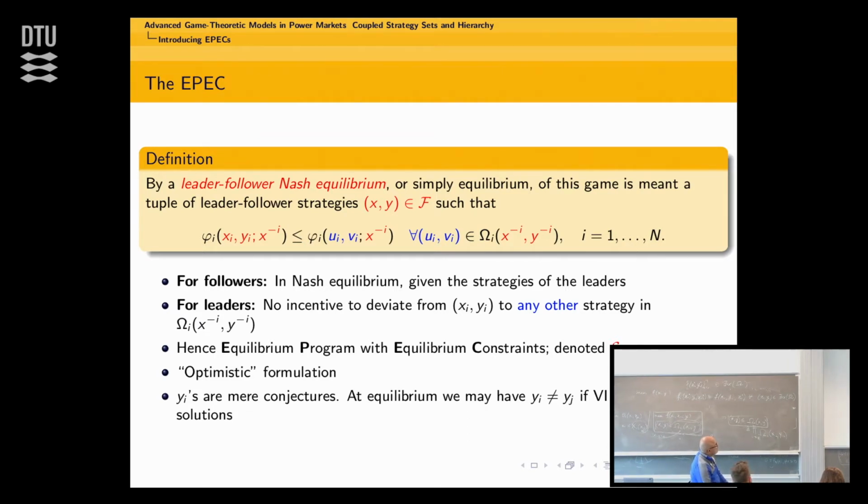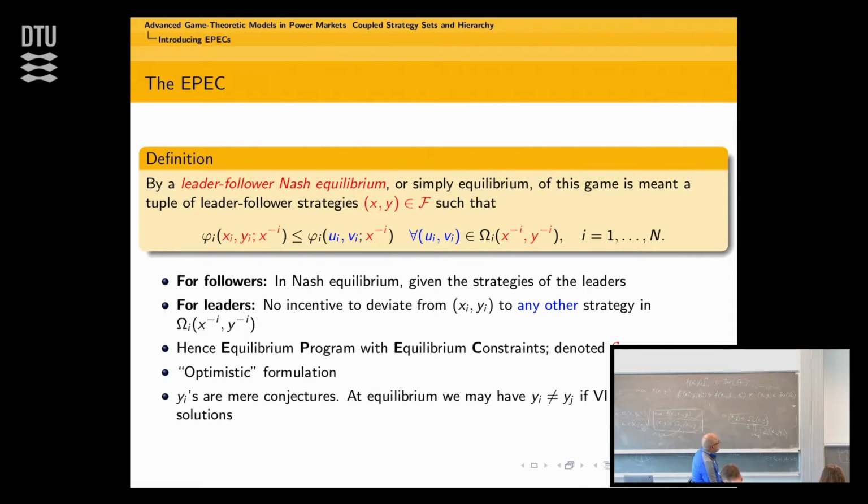By a leader-follower Nash equilibrium, I just mean a tuple of leader-follower strategies (x, y) from the fixed point such that (xi, yi) is better than (ui, vi) for all (ui, vi) lying in this. Now remember, at equilibrium what happens? (xi, yi) has to lie in this, which means (x, y) is a fixed point.